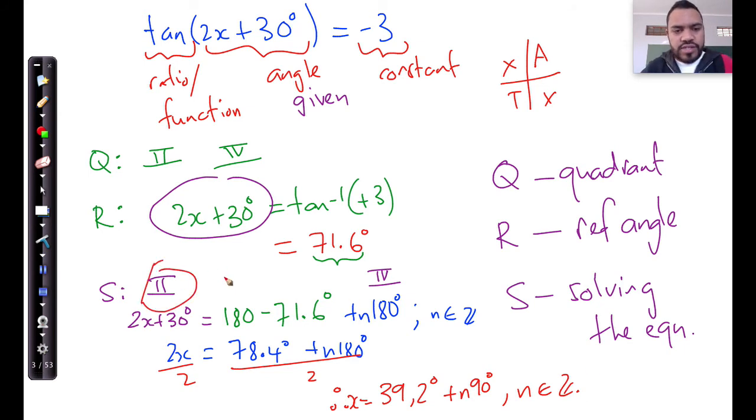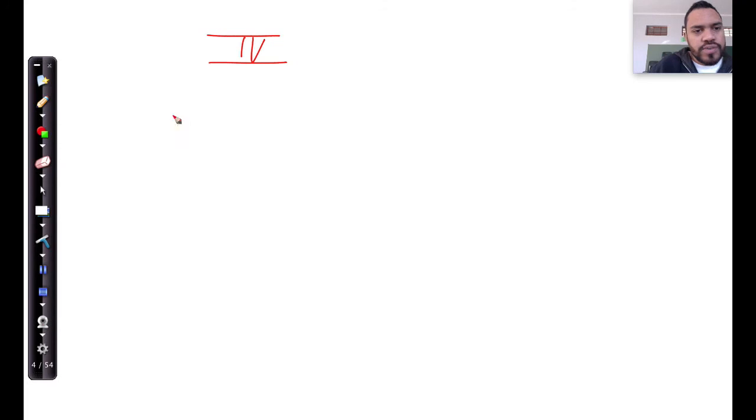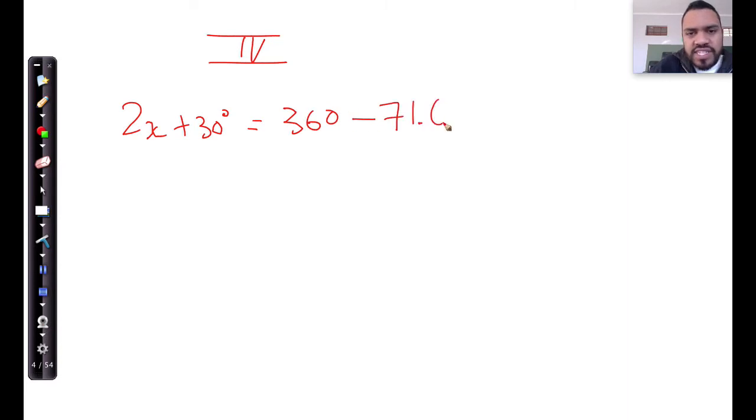Now I still need to do a solution for the fourth quadrant, and that's what I'm going to show you on the next page. For the fourth quadrant solution, the angle that was given, 2x plus 30 degrees, is equal to 360 degrees, this is the reduction formula, minus the reference angle, which is 71.6 degrees, plus n times 180.